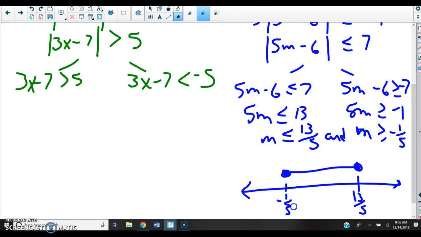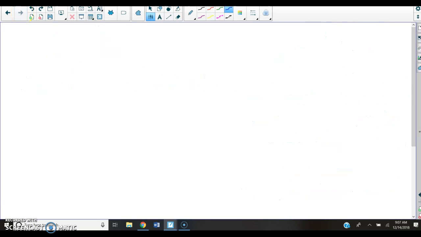Okay. Now this is a good place for us to look at absolute deviation again. And I don't think I put that in the notes. But most of the time, for absolute deviation, we still think of it as being a range of numbers. Okay?